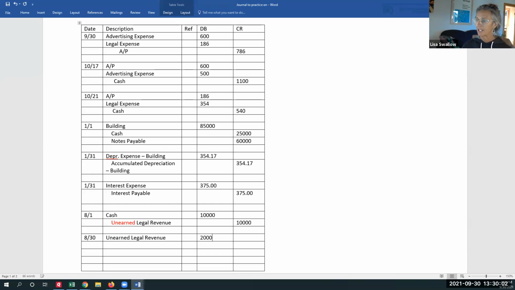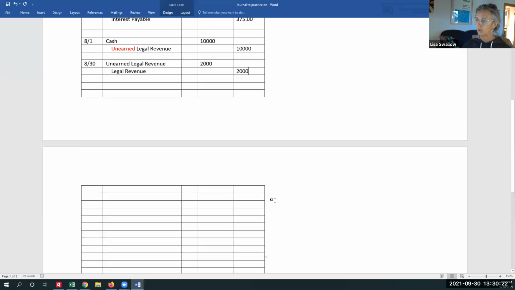His liability just went down by 2 grand. And so now we've used a balance sheet account, right? The liability. The legal revenue actually has to go to his P&L for $2,000. Great. And lastly, we're going to do one more.